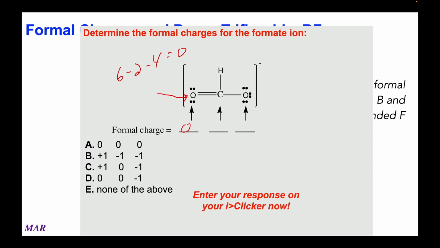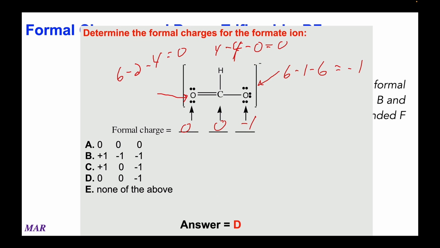Carbon in the middle, group number 4, it has 2 bonds to oxygen, a single bond to hydrogen, and 1 bond to the other oxygen, 4 bonds total, and no lone pair electrons, so it's going to have a formal charge of 0. But the right-hand oxygen, still group number 6, it has one bond, but this has 2, 4, 6 lone pair electrons. So this is going to have a formal charge of -1. So if you look at all those answers right there, it's going to be answer D.